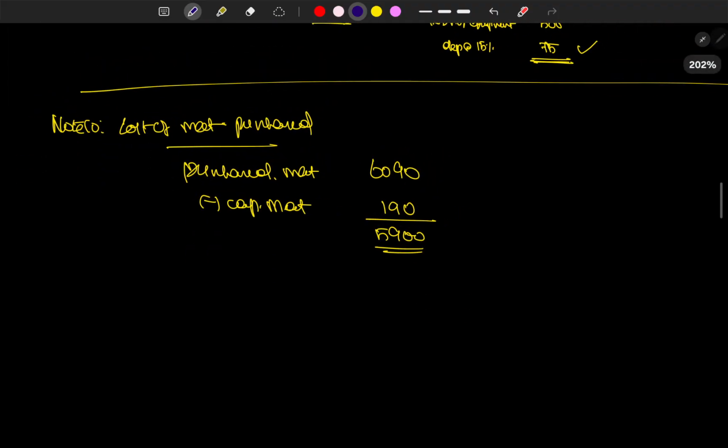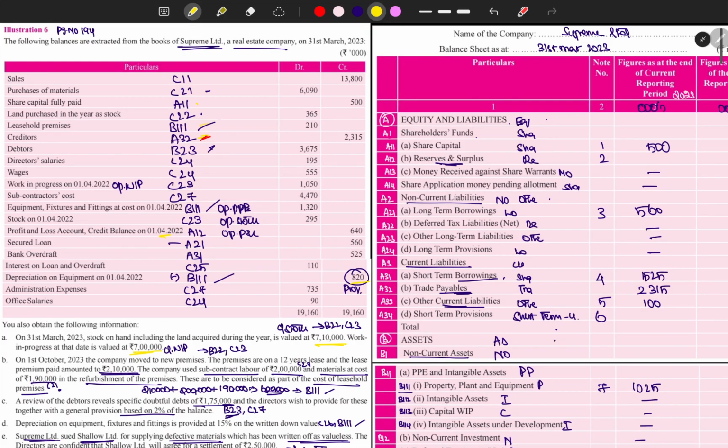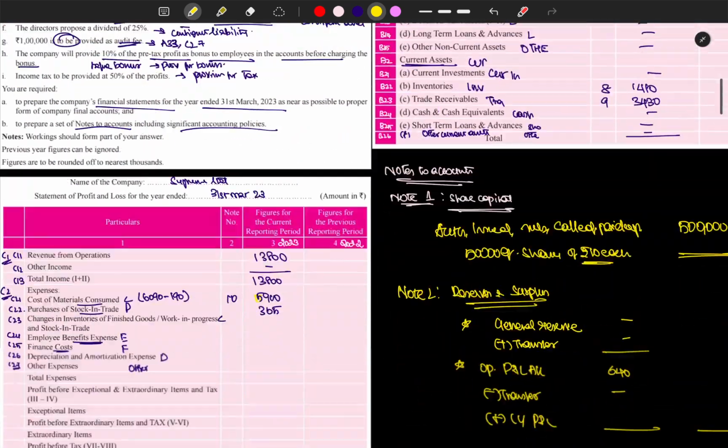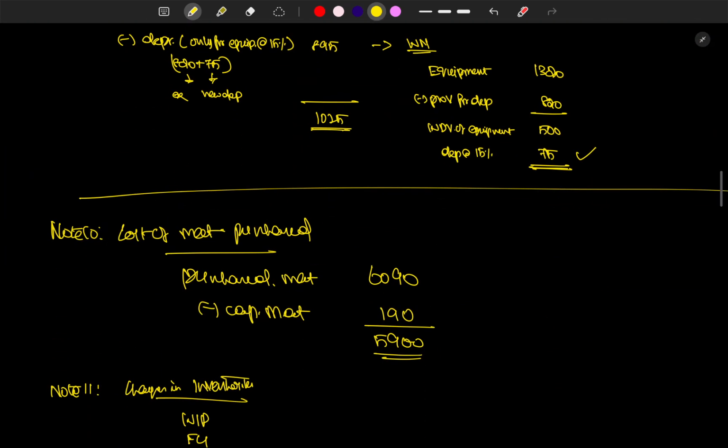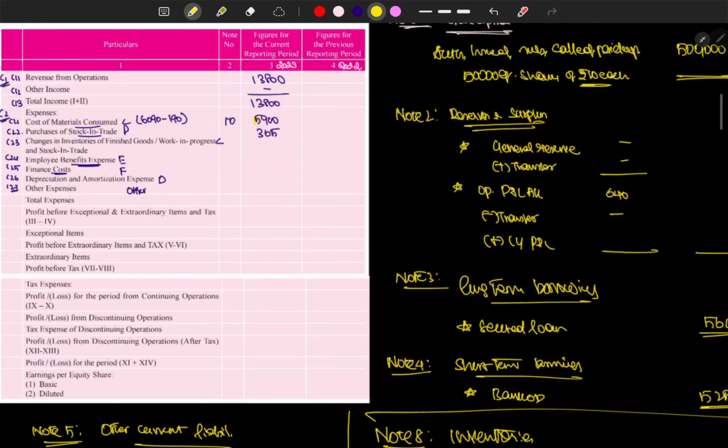Let's create a table for changes in inventories, WIP and FG. Opening WIP is 1,050, 295. These are opening values minus closing values.